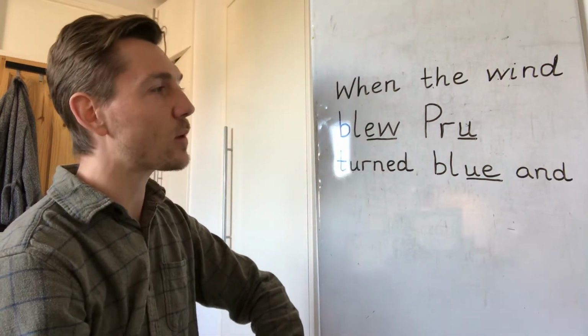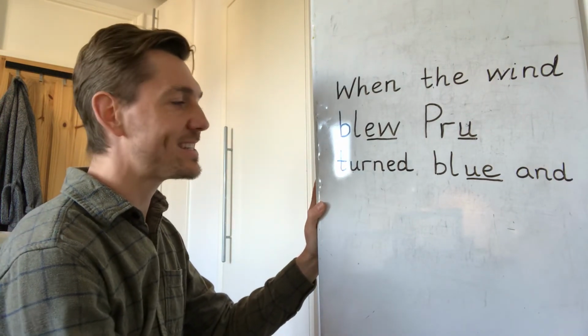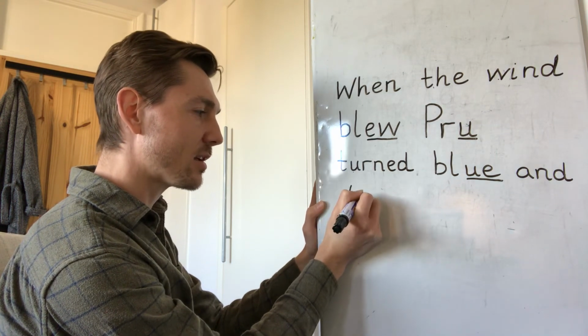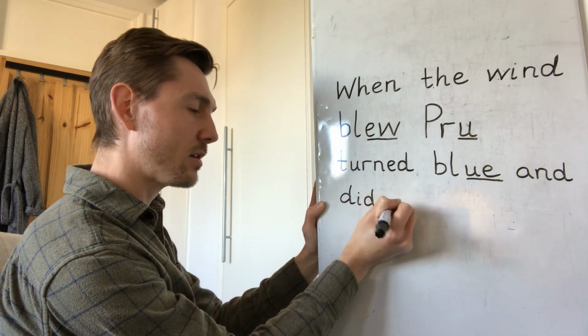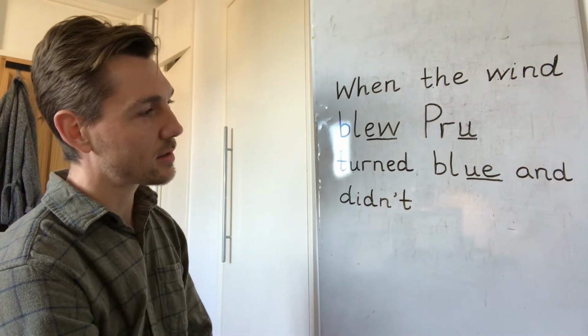And what? When the wind blew, Prue turned blue and didn't. So say the right sounds and write the word didn't. D, I, d, n, t.